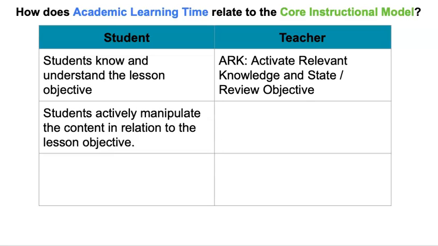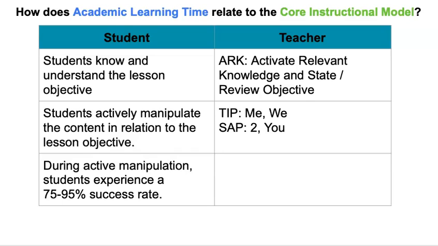What does that look like in the core instructional model? This is our TIP and SAP, the teacher input and the student active participation, the me, we, to, and you. And the final piece of academic learning time is that students experience success during that active manipulation. In the core instructional model, this is our ISS, when we identify student success.